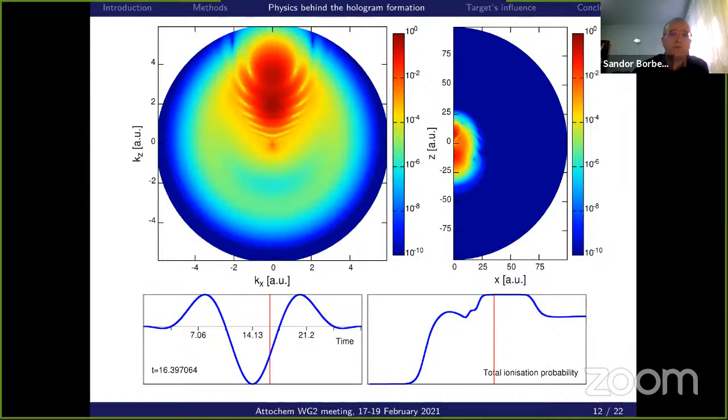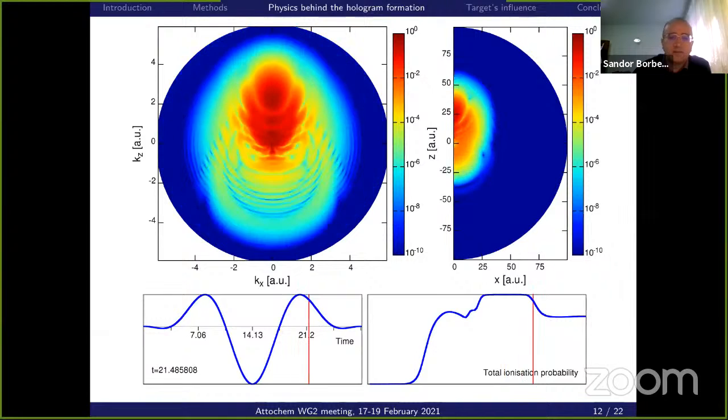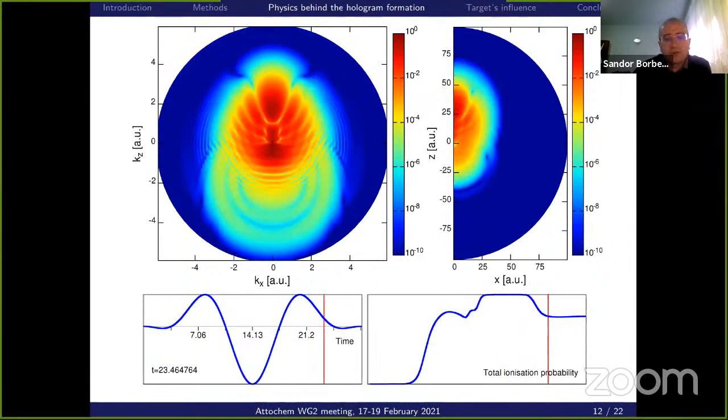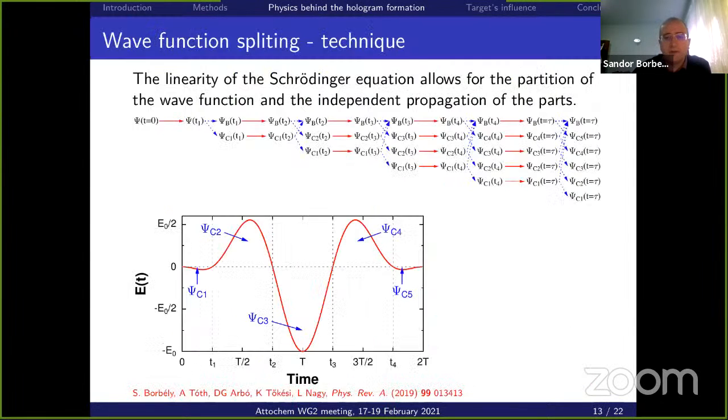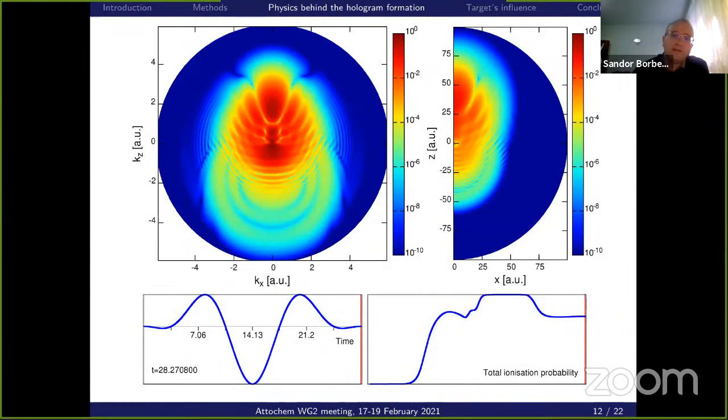You can continue the propagation. Further continuum wave packet production occurs, and more rescattering events. After the quiver motion of these electronic wave packets, you arrive at the final distribution of your electrons, either in momentum space or in coordinate space.